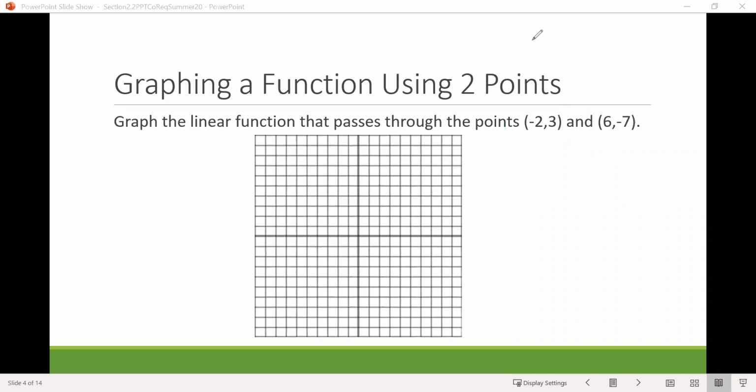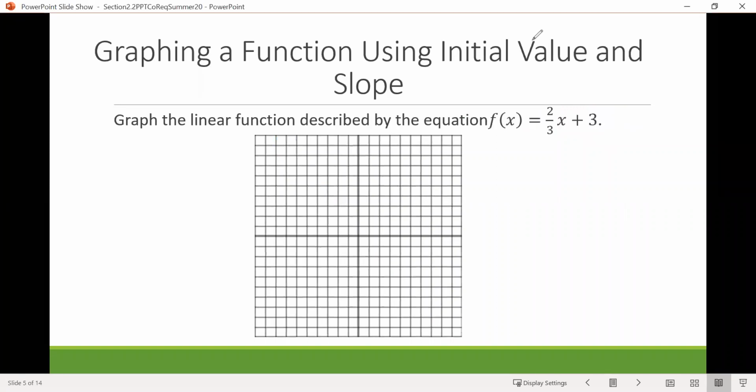Okay, our second method now, using the initial value together with the slope. And I think that we've actually done this already in one of our prereq practices. But just as a review, we have our function here, f of x equals 2/3 x plus 3. That lines up with our form f of x equals mx plus b.